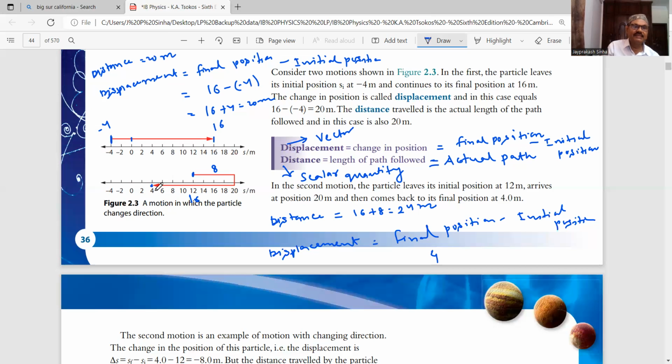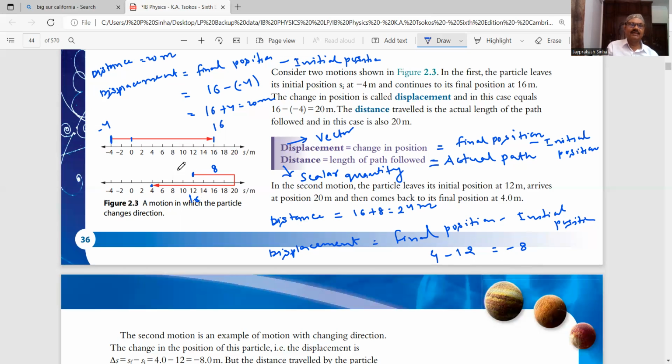So 4 minus 12 is equal to minus 8. Correct?